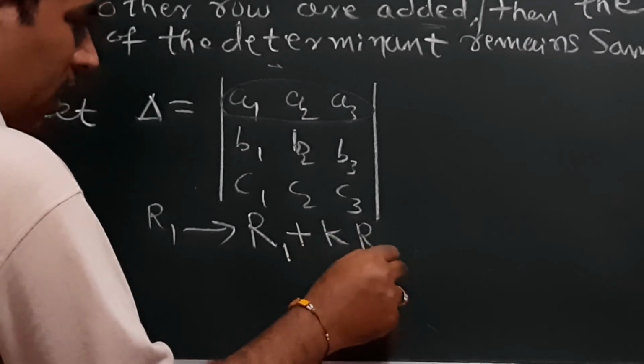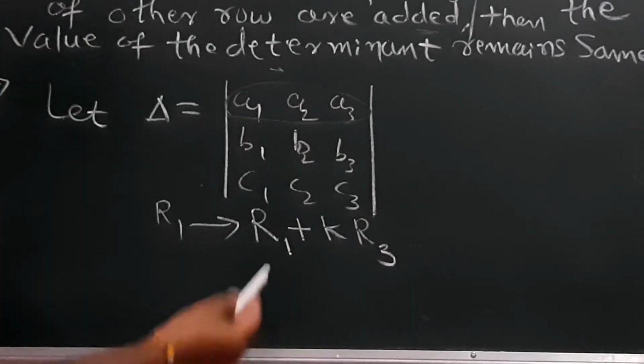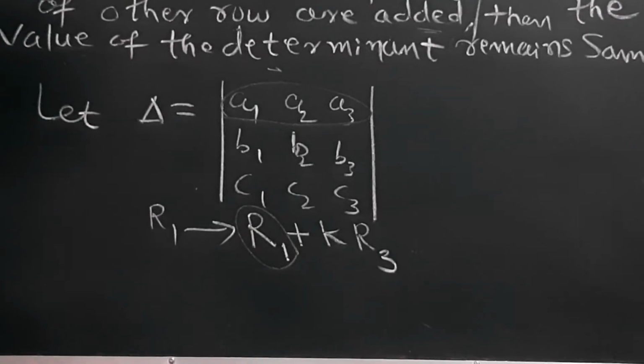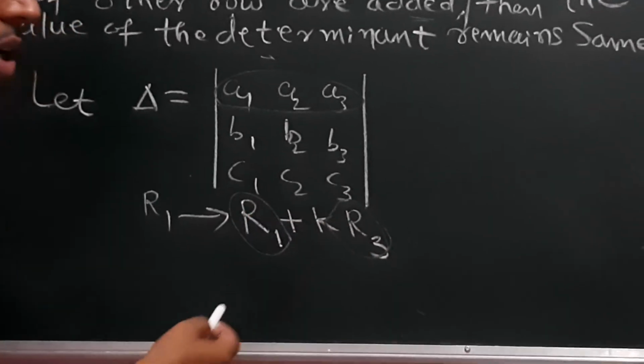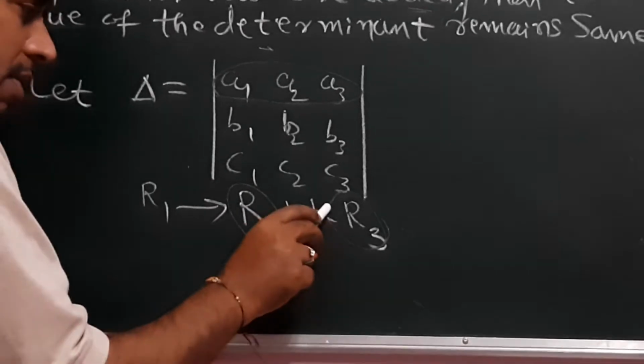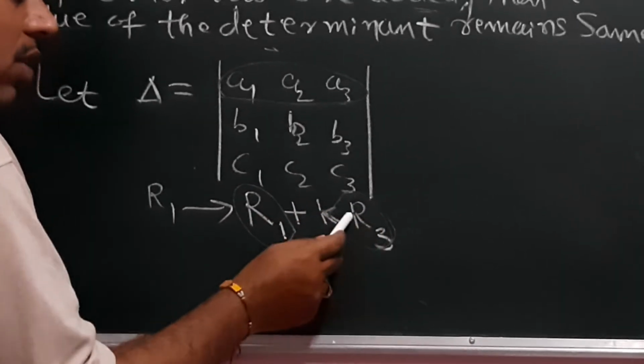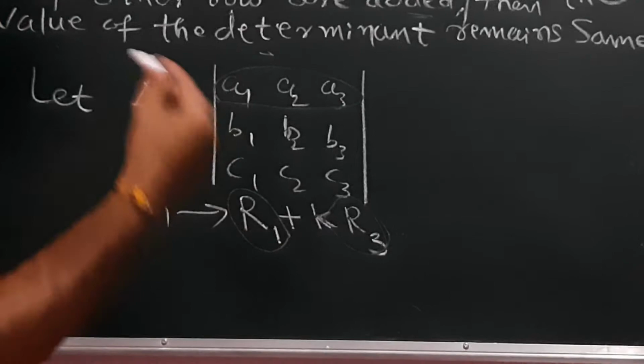So corresponding elements of the first row have been added to corresponding elements of the third row, and before that I have multiplied all the elements of the third row by k. So then I get another determinant.